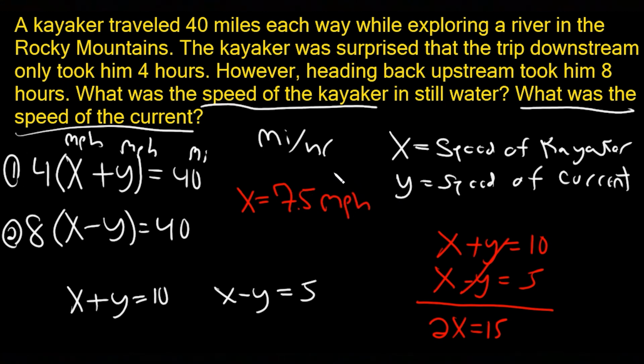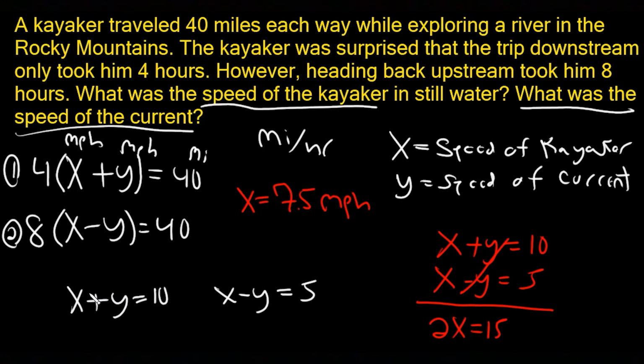Now to get the speed of the current, simply plug that back in and solve for y. Now you can plug it back into this equation here, this one, it doesn't matter. I'm going to go ahead and plug it into this one here because it looks easier, right? You're going to get the same answer regardless, so pick the one that is easiest.